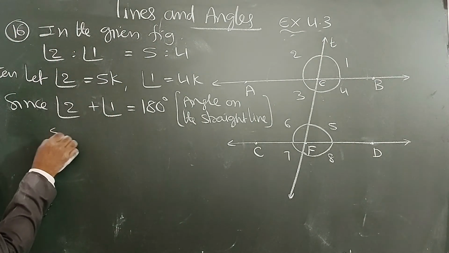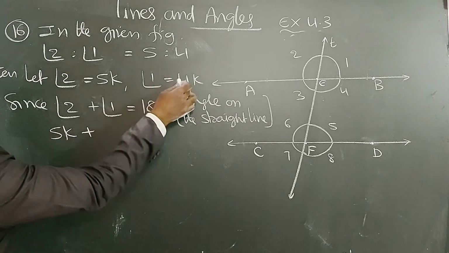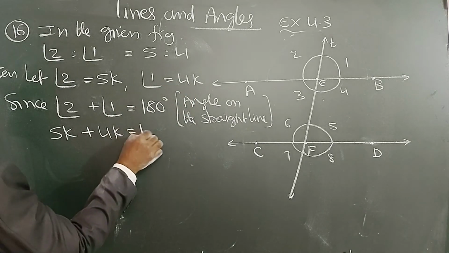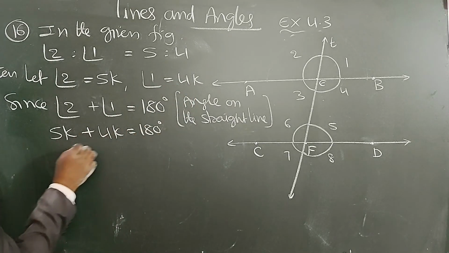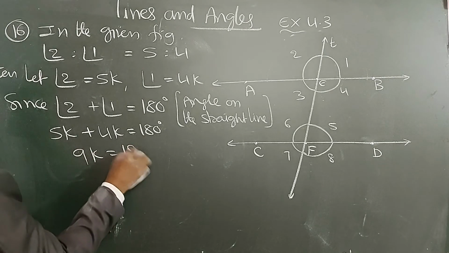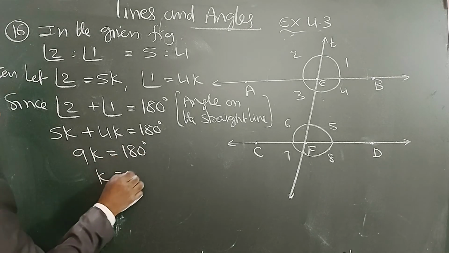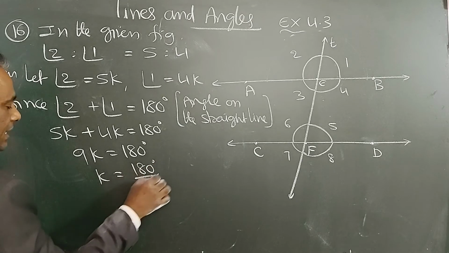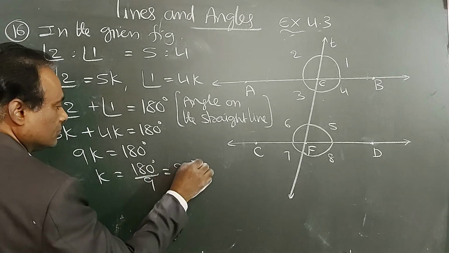Angle 2 is 5k, angle 1 is 4k, so 5k plus 4k, that is 9k, is equal to 180 degrees. k is equal to 180 by 9, which is 20.